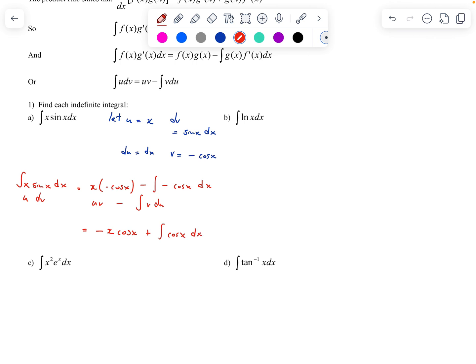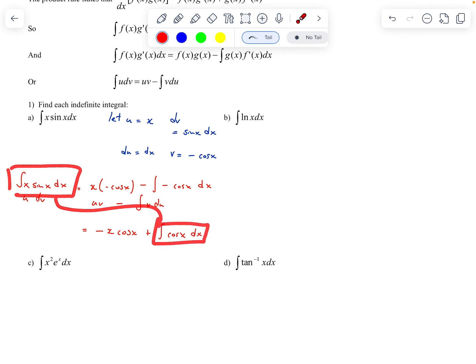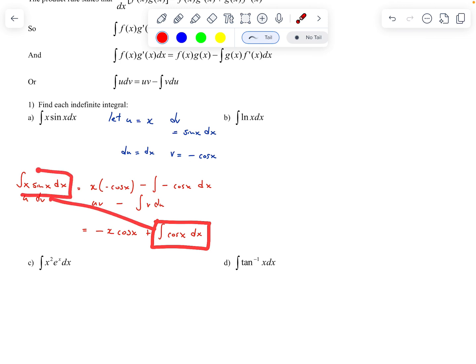Okay, so we've integrated by parts, and what you'll notice is whenever you integrate by parts, you get a new integral. Well, if I'm trying to integrate, why would I want a new integral? Well, this new integral is easy. This integral was not. So what I was looking for to tell me that I was integrating by parts was if I differentiated part, right?